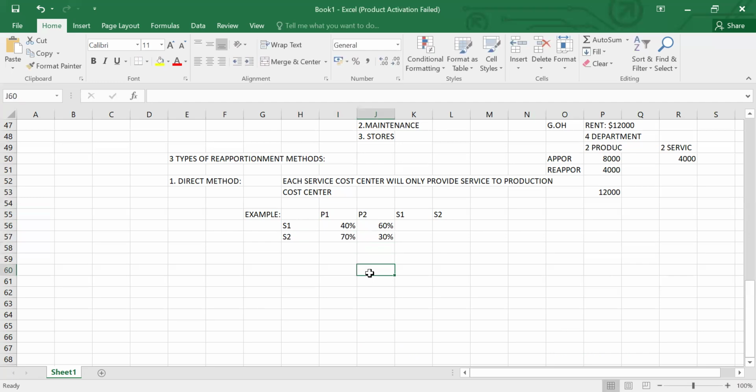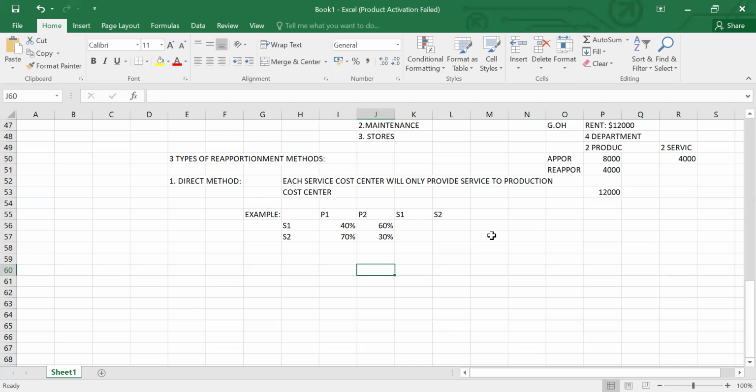So the direct method says that S1, that is service center one, is only providing service to which departments? Production departments. So this clearly means that whatever the cost of service cost center one is, 40% of it will be given to P1, 60% will be given to P2.